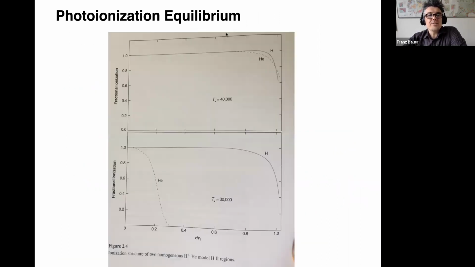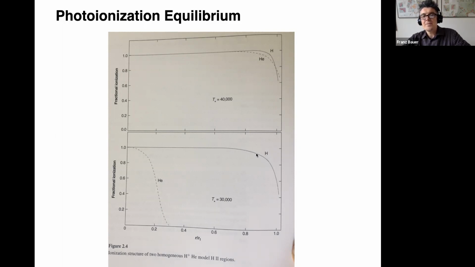So for simple situations, you can do this. And as I mentioned, for hydrogen, easy. For hydrogen and helium, it actually already starts to get a little bit tricky. And so this is just an example of the fractional ionization. So it's a Strömgren sphere for the most part, where R1 is the radius of the Strömgren sphere. But you can see that at a given temperature, it is not a clean boundary.